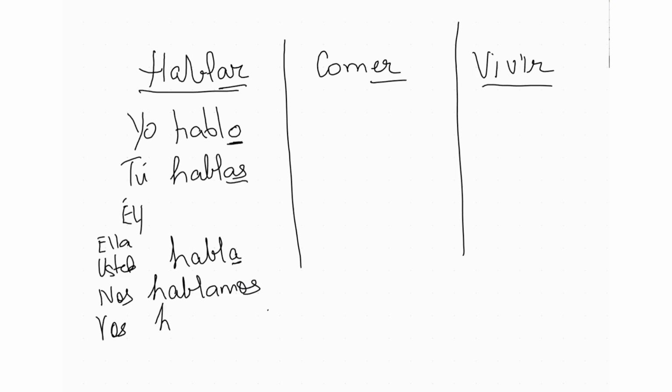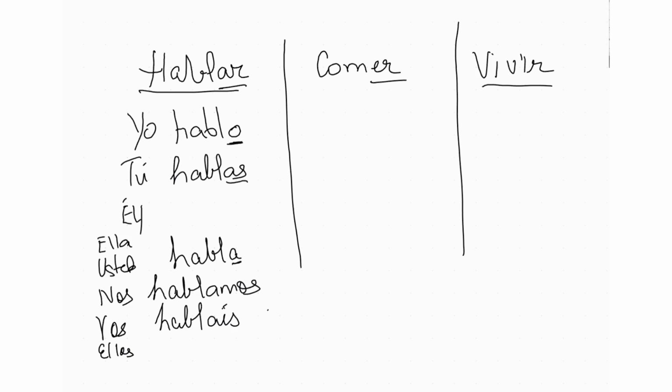So you all is vosotros habláis. I will tell you the difference after I finish. Habláis and ellos. What is ellos? Ellos is referring to another group of people, right? Ellos is they. We are not referring to yo, tú, he, she. We are referring to they. The plural of he, she will be they. The plural of I will be we. So yo, nosotros.